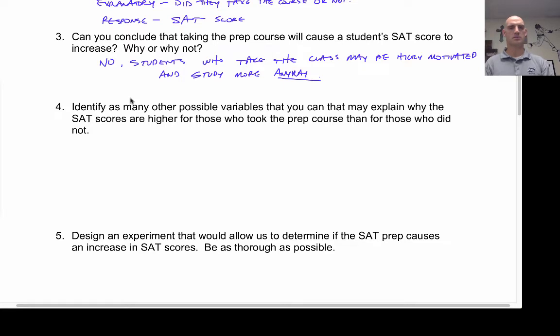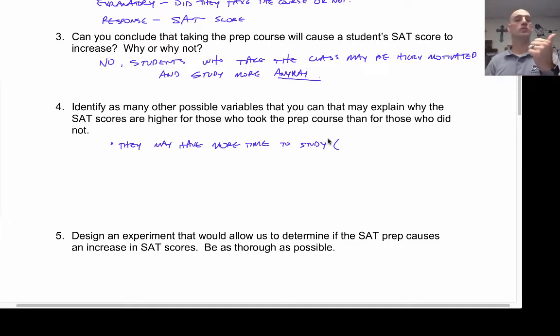Identify as many other possible variables that you can to explain why the SAT scores are higher for those who took the prep course than for those who did not. So they may have more time to study because this prep class is after school.